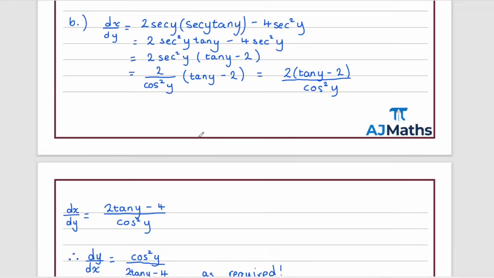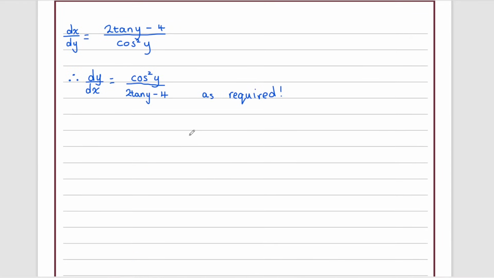So let's go down then. For part C, we're looking for the equation of the tangent to the curve C at the point P. The first thing we need is the gradient at the point P, which has coordinates of minus 2 and pi over 4.